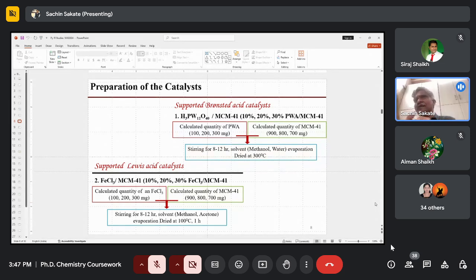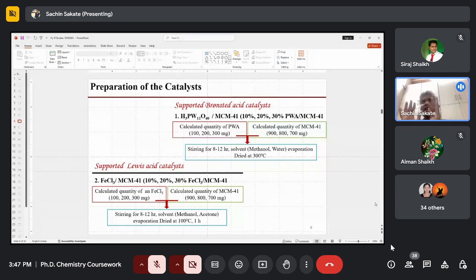So the supported acid catalyst and supported Lewis acid catalyst we have prepared in the laboratory, and I have given you a glimpse, a representative method for the preparation of the catalyst. One other method is that you can put the Lewis acid or Bronsted acid in during the synthesis of the support itself.